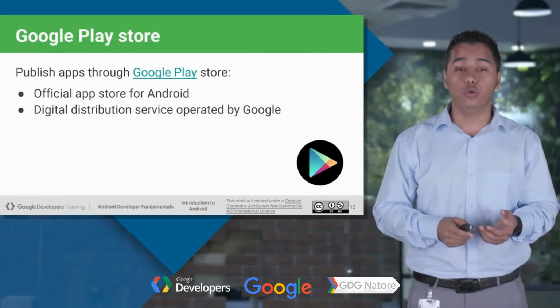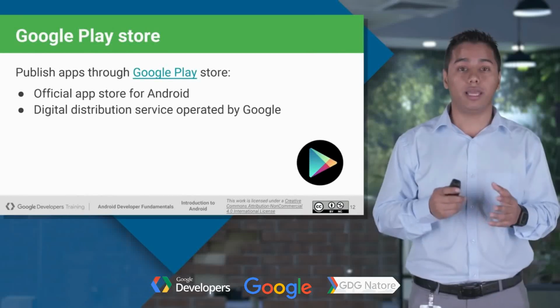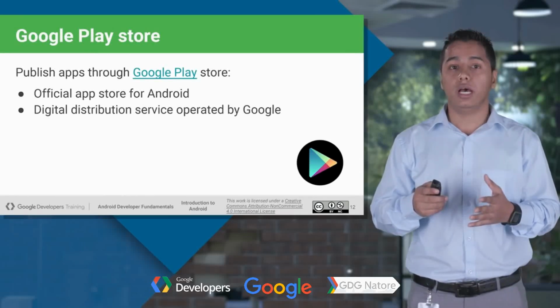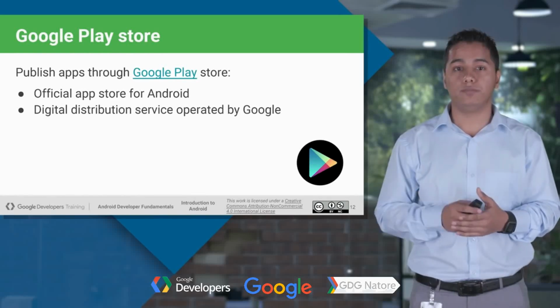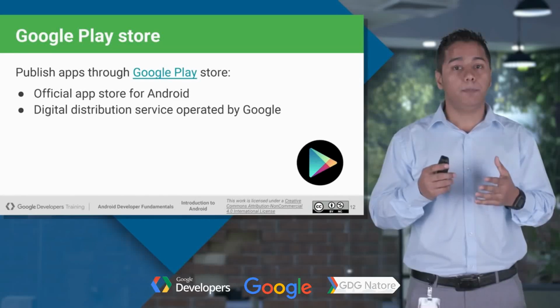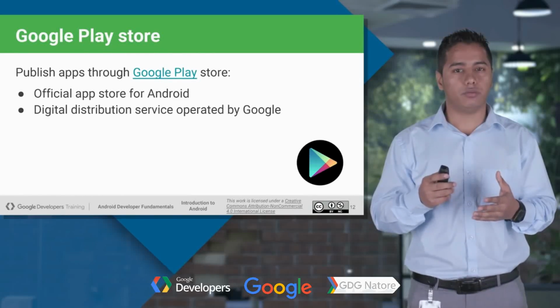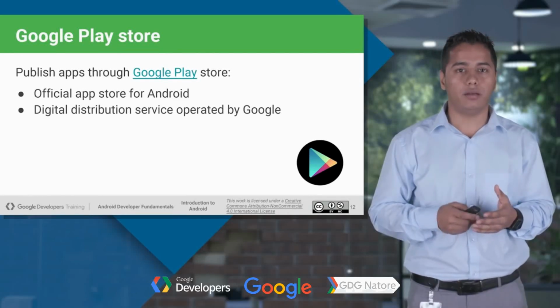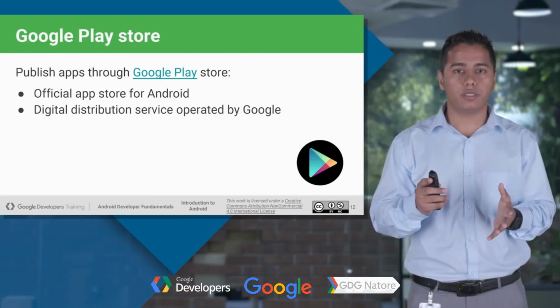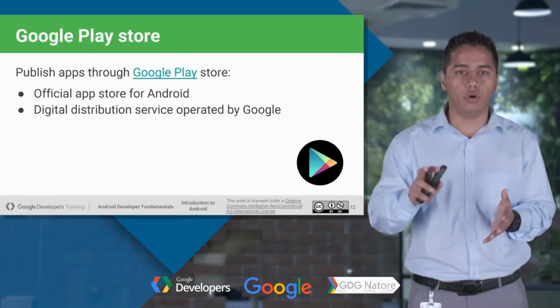So this is Google Play Store. So like I said, there you need to create an account which is worth $25 lifetime, which will give you access to the official Play Store, or you can say a market where you can publish your app. And Google Play Store is an official market where you can publish all your apps, and it will be provided all over the world.